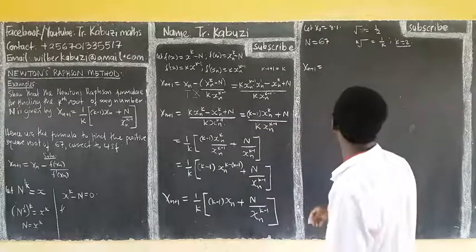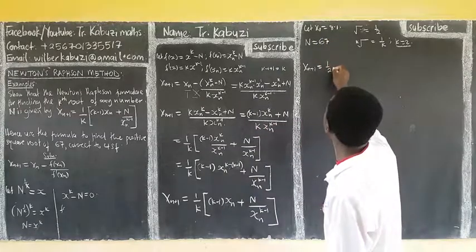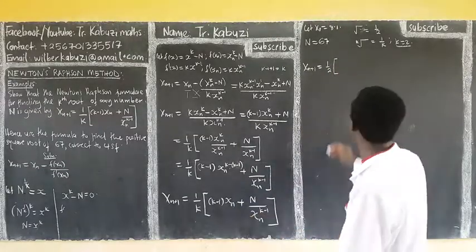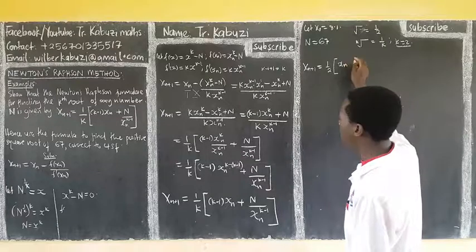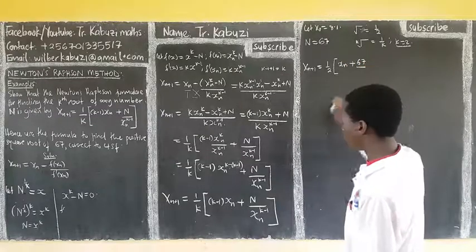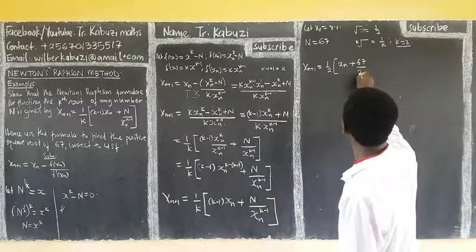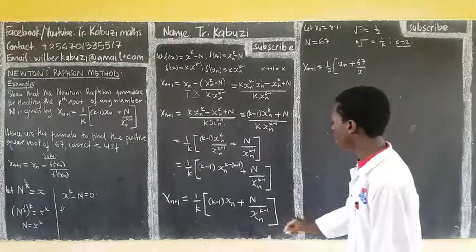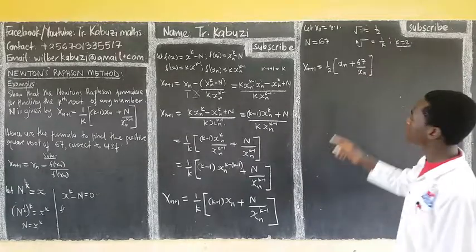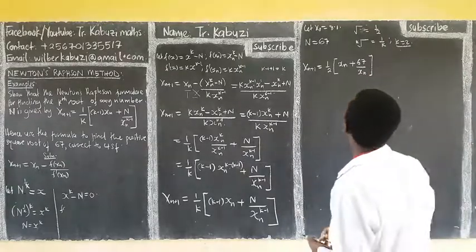Putting in this formula, I have 1 over 2 into (2 minus 1) x_n, then plus 67 over x_n^(2-1), because our k is 2.